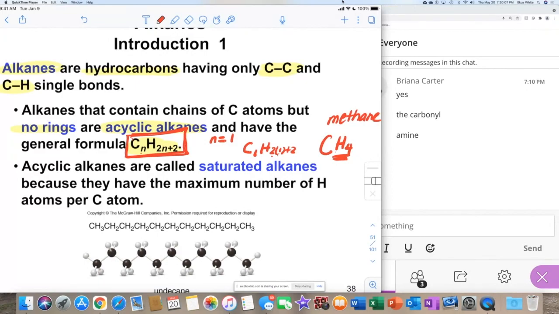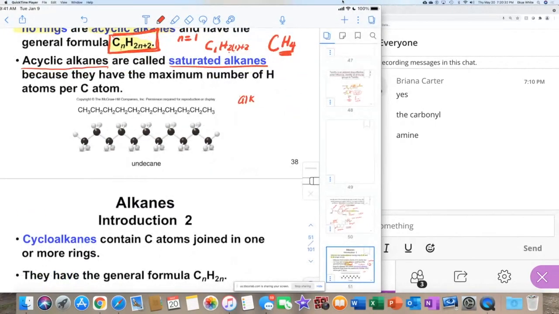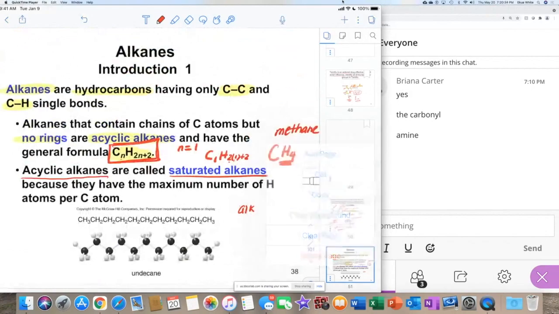Okay, so these are called acyclic alkanes, and they're called saturated alkanes. When I was a student, I tend to obsess with words, so I was like, what do you mean saturated? Like water saturates something? And I realized, since you guys have worked on your lab, we do have 3 different hydrocarbons, right? The alkane, let me write on a new page. I tend to be lazy and write on the same page. Let me add a new page.